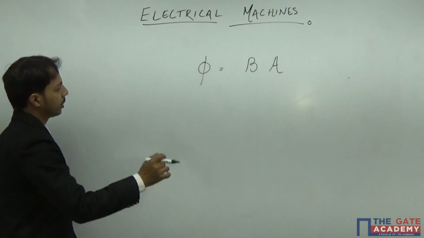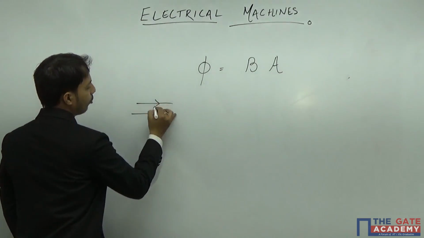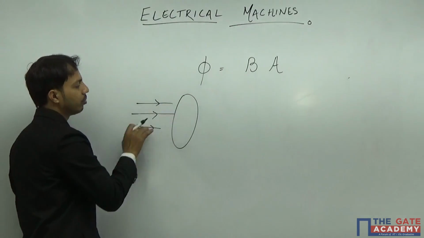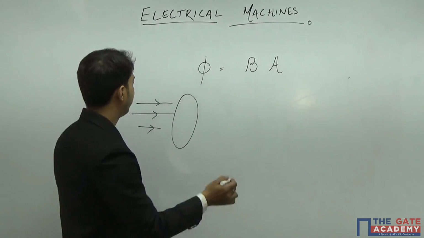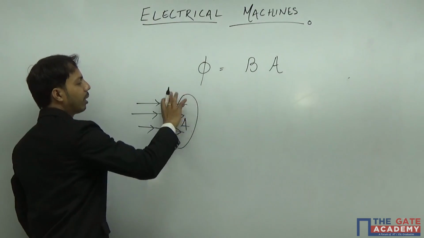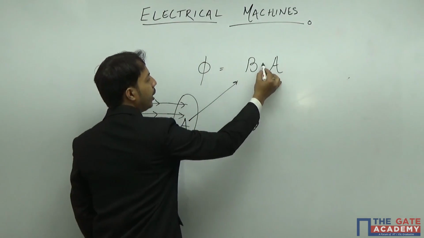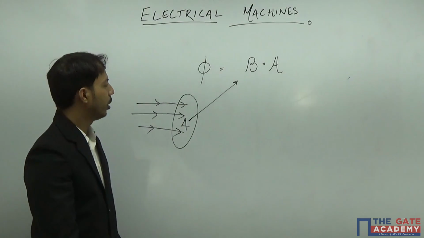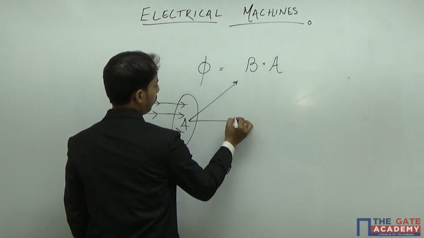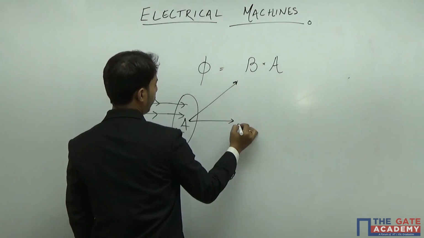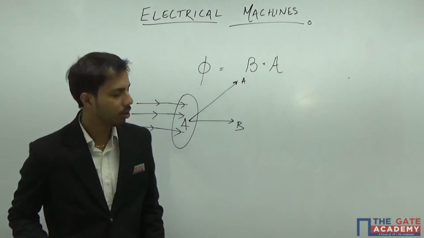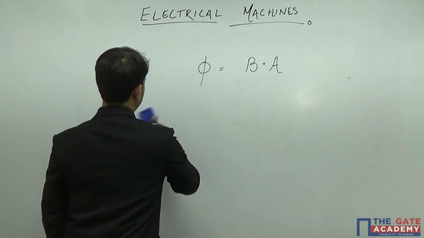Or in other words, if you want to have a physical realization of what is flux, suppose we have an area and this is the number of magnetic field lines of force, and the area of this is A and this is perpendicular to this field, so I can say this is B into A. If this is not perpendicular, if this is the direction of my B and this is the direction of my A, then I can have a vector relation of this phi.